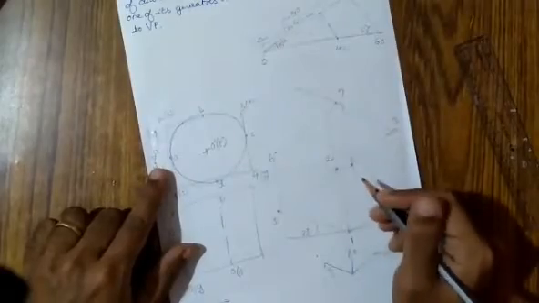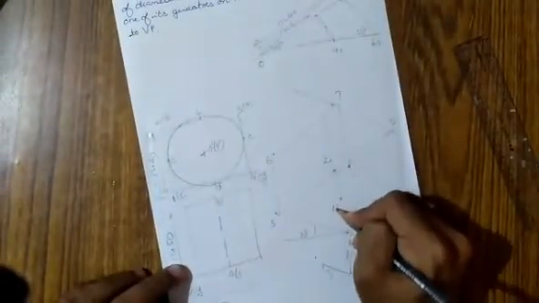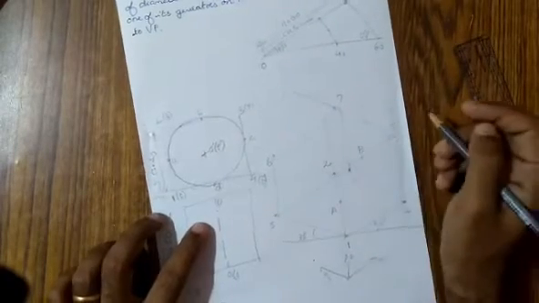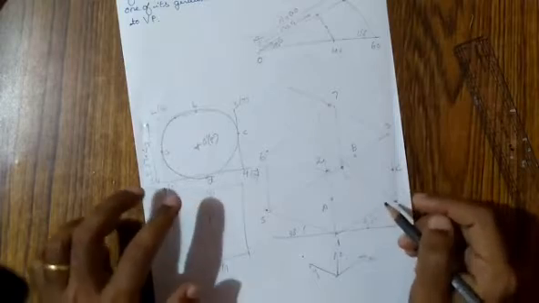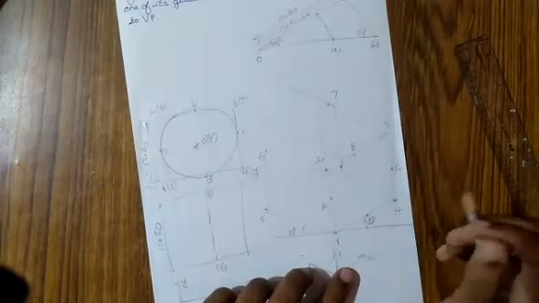So where is the point A? A is the midpoint of 1 and 2. So on this edge 1, 2, you locate your point A. On 2, 3, you locate the point B. On 3, 4, you locate the point C. And on 1, 4, you locate the point D.